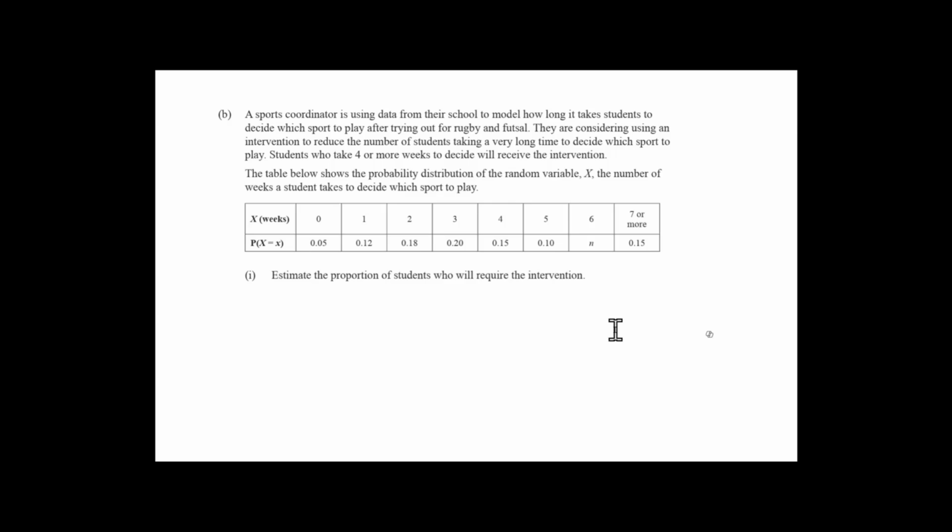They're considering using an intervention to reduce the number of students taking a very long time to decide which sport to play. Students who take 4 or more weeks to decide will receive the intervention.